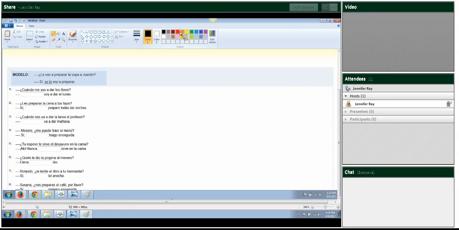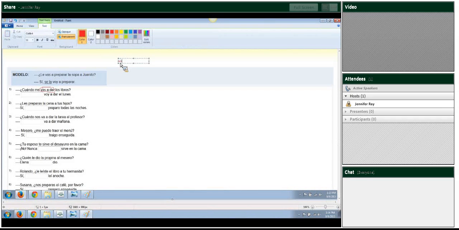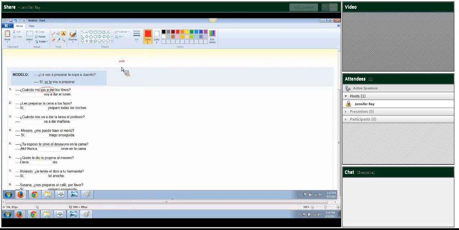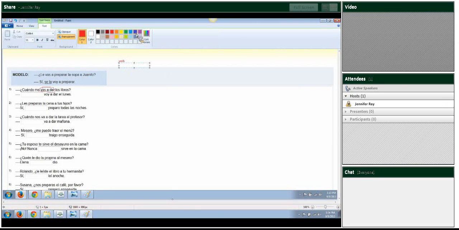So if we go out here, it says, ¿Cuándo me vas a dar los libros? Vas a dar is our verb. We're always going to do our verb in red. So actually, I'll go ahead and make verb. Actually, no, that's not right.